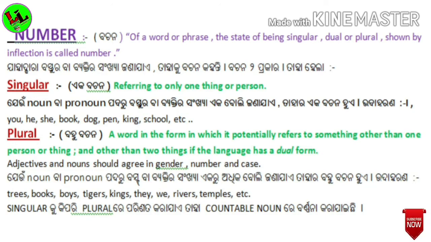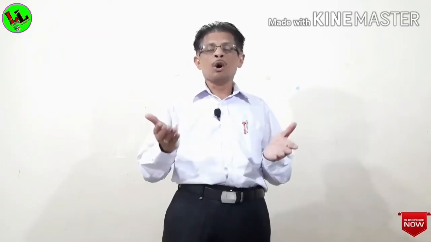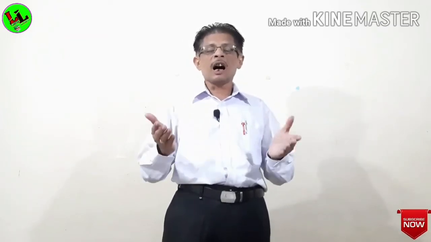Adjectives and nouns should agree in gender, number and case. Now you see, the second one is called the plural. It refers to more than one. For example, trees, books, boys, girls, etc. These are examples of plural.